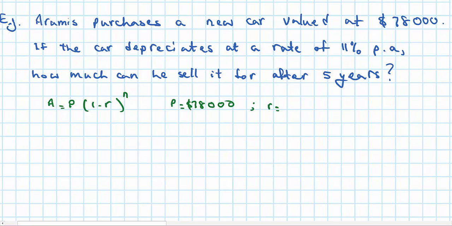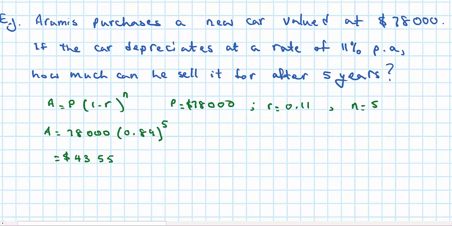Our rate is 11%, so 0.11, and our time period is 5. So I can straight out substitute that in. 1 minus 0.11, 0.89 to the power of 5. And that's equal to $43,555.66 to the nearest cent.